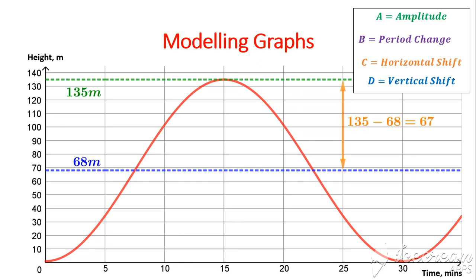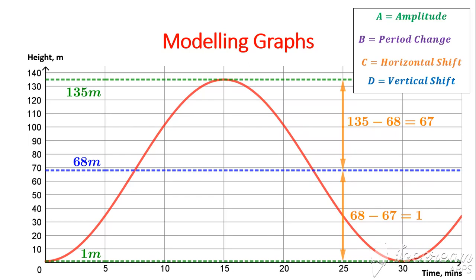What I'm going to do is work out the difference between 135 and 68, and that gives me 67. When I subtract 67 off the 68, we realize that the graph doesn't go all the way back down to 0. It actually goes back down to just 1 meter, which means the capsule comes down and is 1 meter off the ground when it goes around on its journey, on its ride.